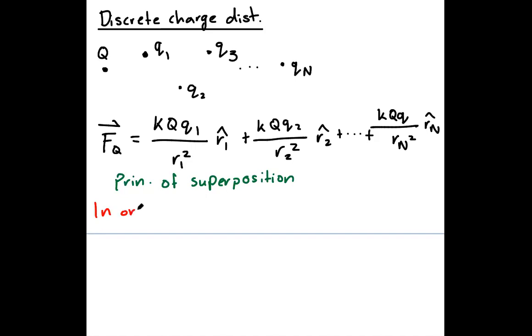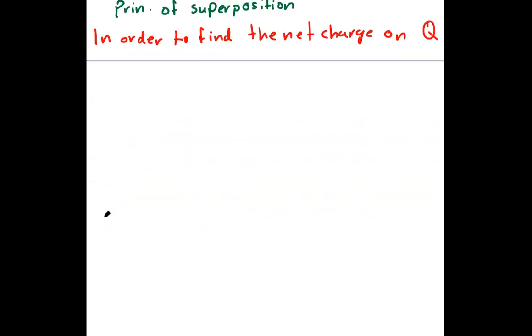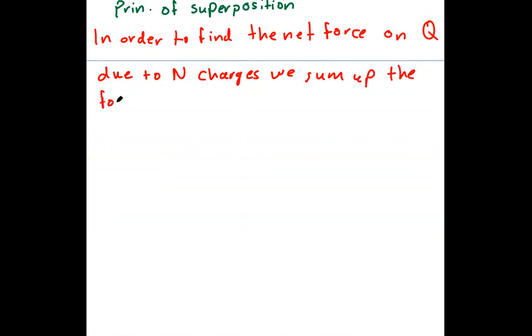So in order to find the net charge on Q, let's scroll down, due to n charges, oh, excuse me, not the net charge, my bad, the net force on Q due to n charges, we simply sum up the forces due to each charge.